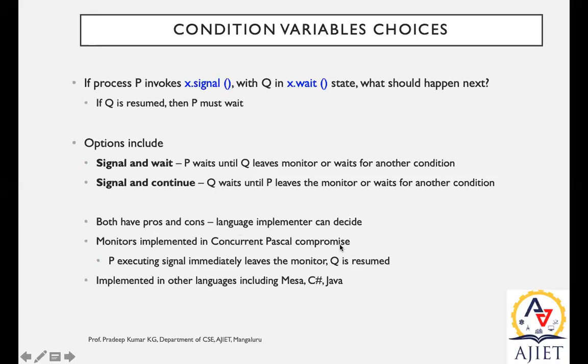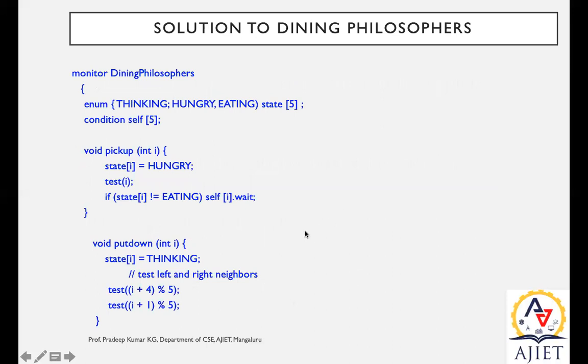The monitor is implemented in Concurrent Pascal as a compromise: P executing signal immediately leaves the monitor and Q is resumed, so it is one after the other. This can be implemented in different languages like Mesa, C#, Java, etc. Now we saw the dining philosophers problem. So how do we give a solution using a monitor for the dining philosophers problem? That is a deadlock-free solution.